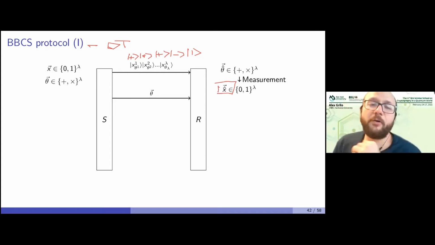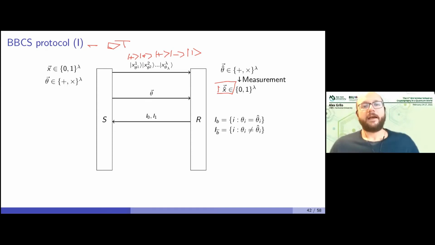Then the protocol tells the sender to send all of the bases in the clear to the receiver. And notice that whenever the receiver gets this basis theta, she can compare it with the basis that she chose.